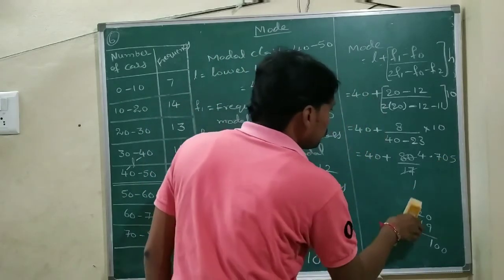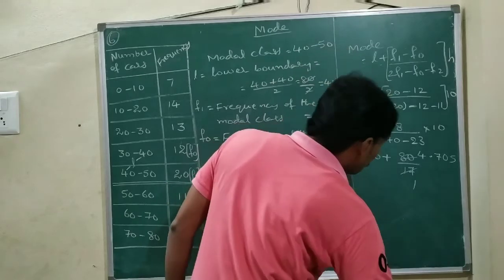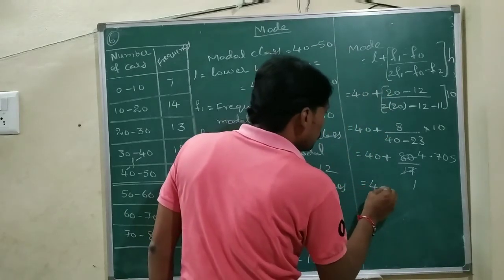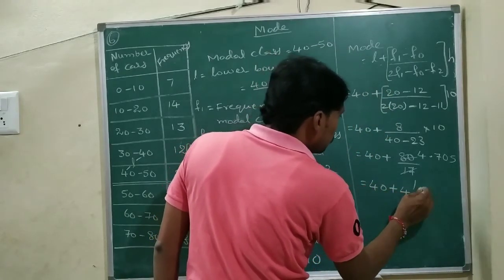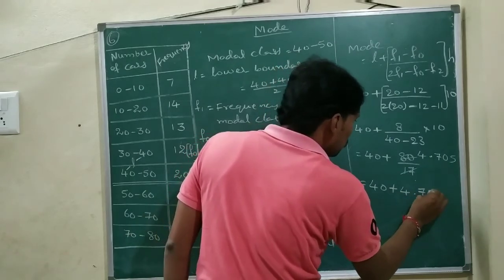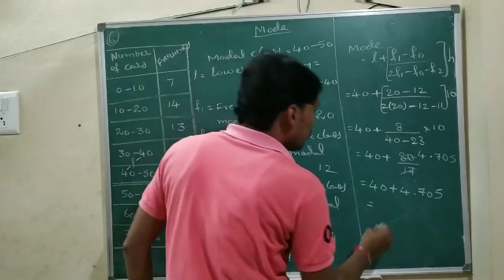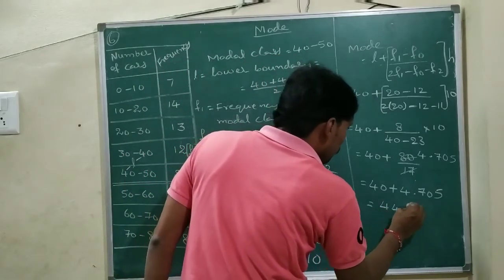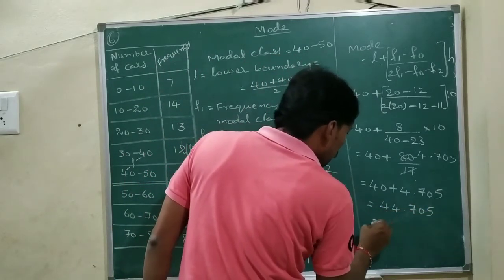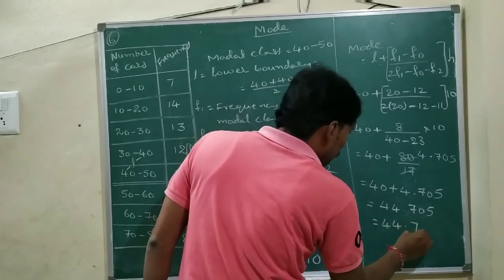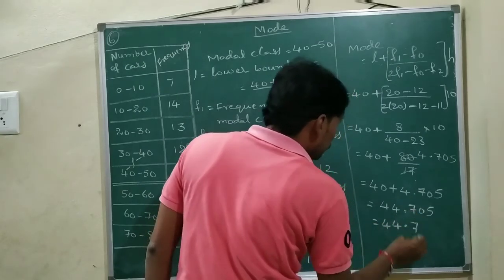So we get 4.705, and 40 plus 4.705 is 44.705. That equals 44.7, taking up to 1 decimal place.